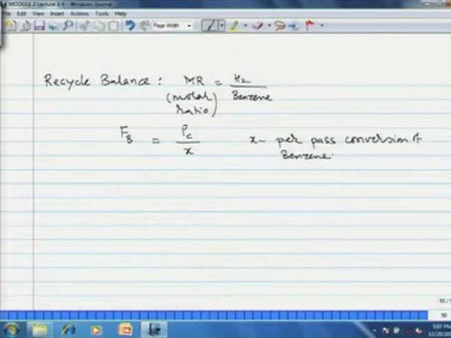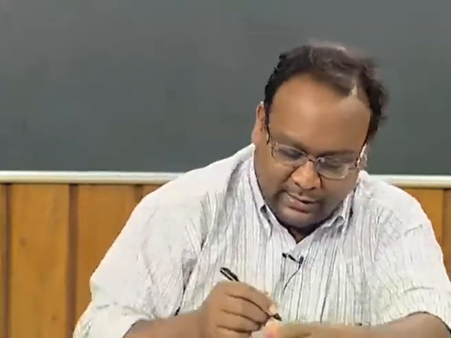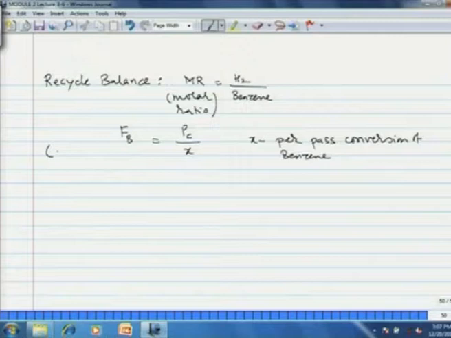You will recall that we had developed a very similar expression for the total feed of toluene to the HDA process, where the total toluene Ft was equal to FFT by X. Now, FFT is the fresh toluene fed to the process, which is always converted, which is equal to the production rate of benzene in case of HDA process. So, that point we note here, Fb is the total benzene fed to the process.